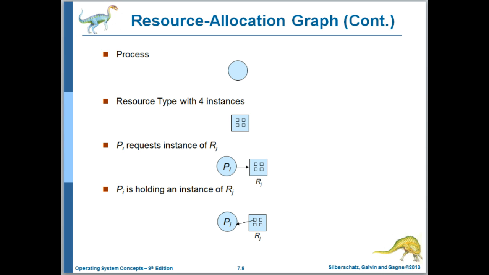A resource with 4 instances is shown as a square vertex with the resources shown within the vertex. And as noted earlier, a request edge is a directed edge from a process to a resource, and an assignment edge is a directed edge from a resource to a process.